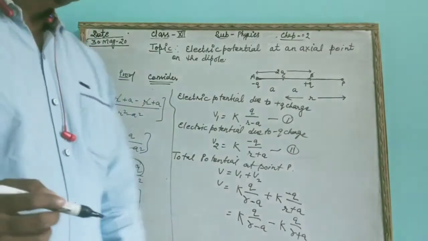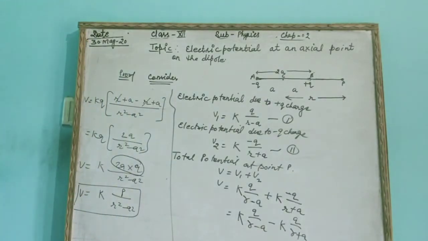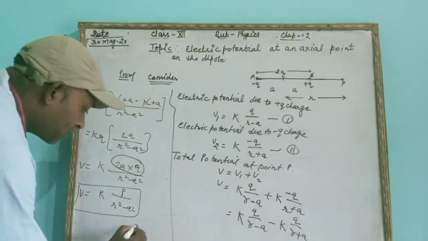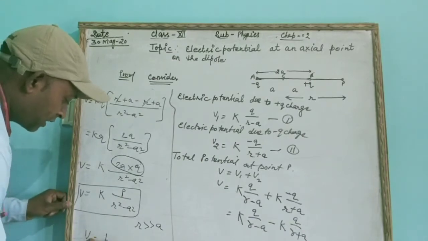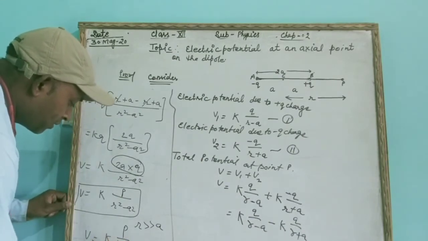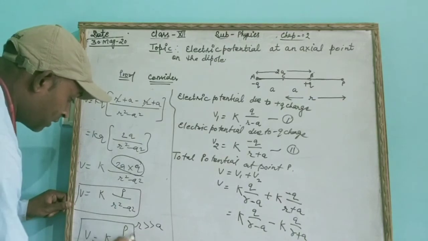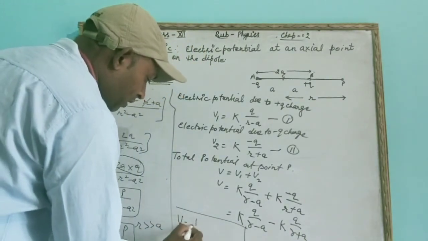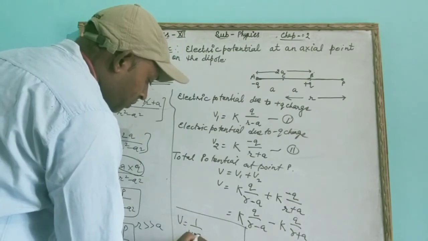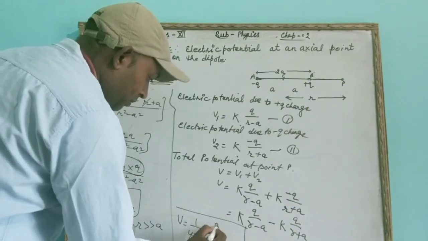So V is equal to kp upon r square minus a square. And r is very much greater than a, so V is equal to kp upon r square. The constant value of k gives V equal to 1 upon 4 pi epsilon naught, p upon r square.